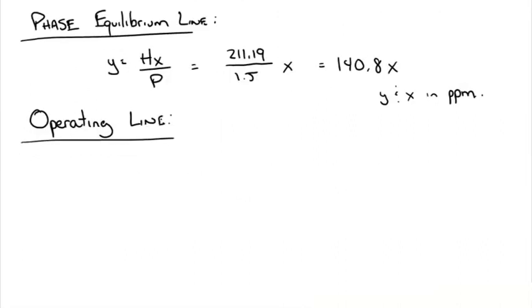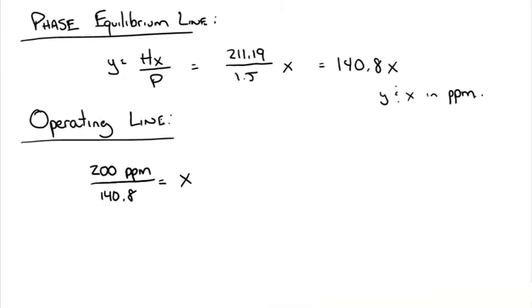So for our operating line, we want to work in the appropriate region of our concentrations. So to determine the extent at which our phase equilibrium line extends, we could take the concentration that we start with, the 200 parts per million, and divide it by our phase equilibrium slope. The concentration in the liquid phase will be at equilibrium.